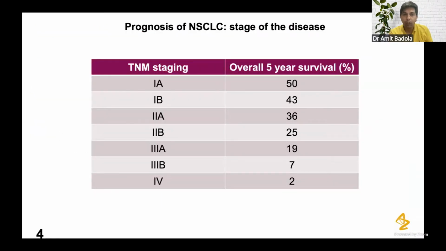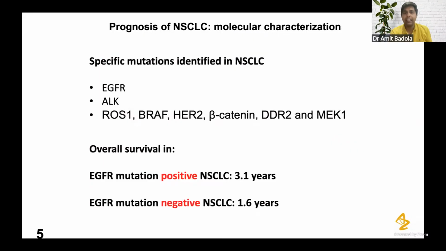If you look at the prognosis of non-small cell lung cancer stage-wise, as the stage increases, survival decreases. The 5-year survival is only 2% for stage 4, while for stage 1 it is around 50%. Patients harboring specific mutations like EGFR, ALK, ROS1 have slightly better survival compared to other patients who do not harbor these mutations.